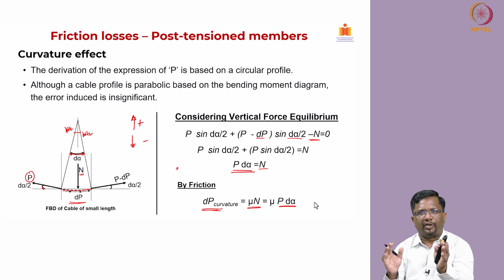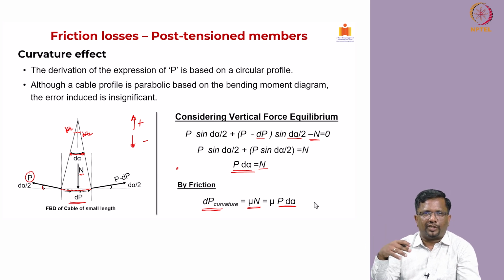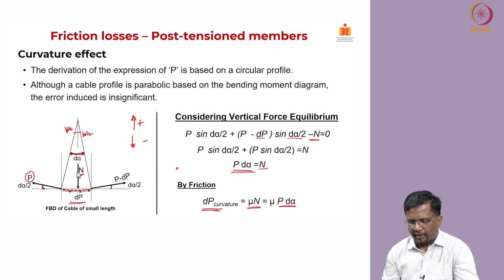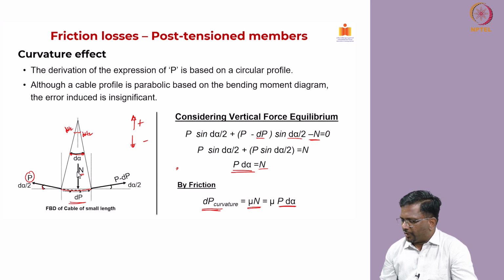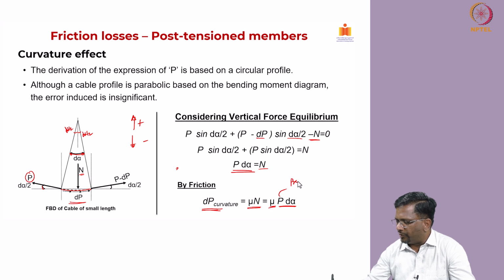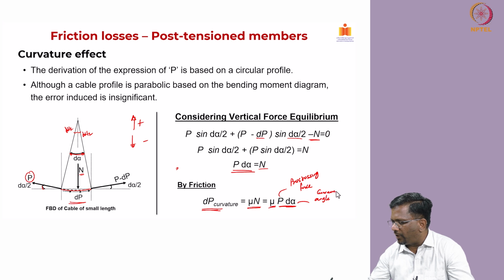Now, when you take the free body diagram, you also look at all the forces that are acting on it, right. N is the normal force that is acting, and dP is your friction force, and these are the two forces that are acting on the cable. So, you can clearly see here that I know the coefficient of friction of the two interfaces, and P is your pre-stressing force, and dα is nothing but the curvature angle subtended by the cable.